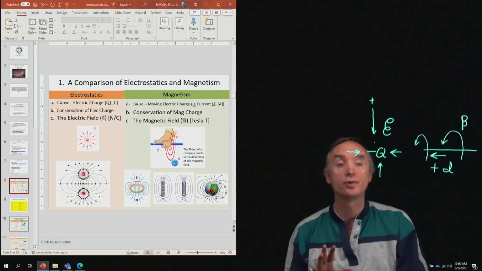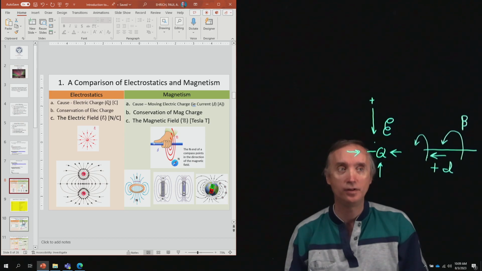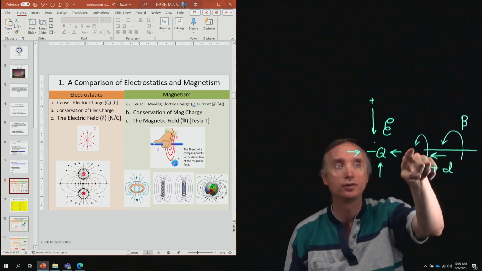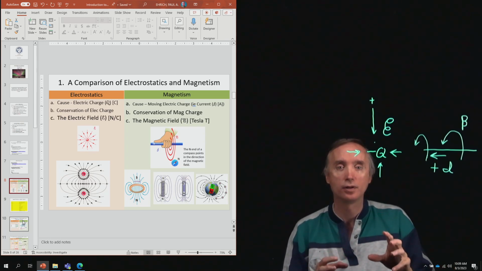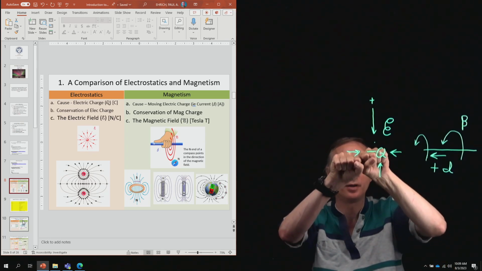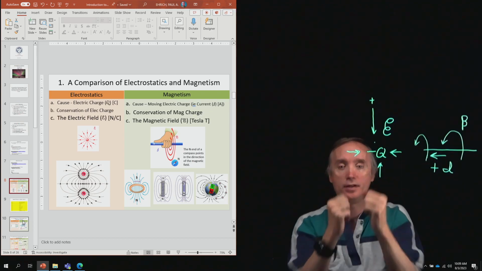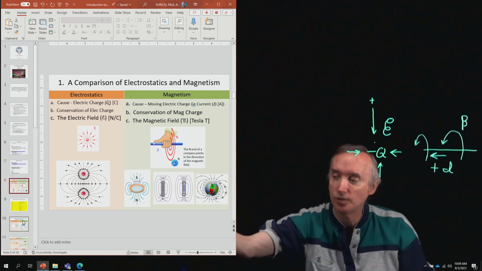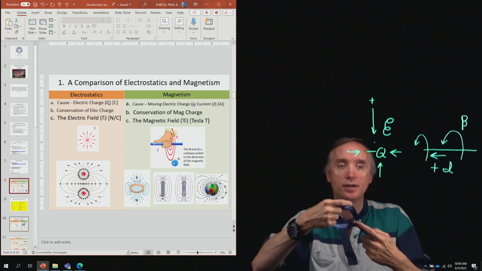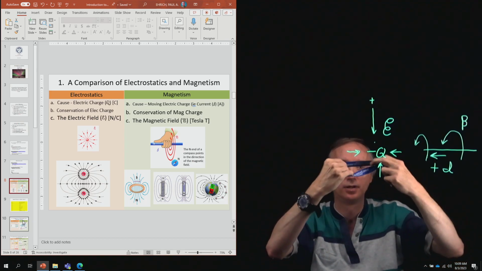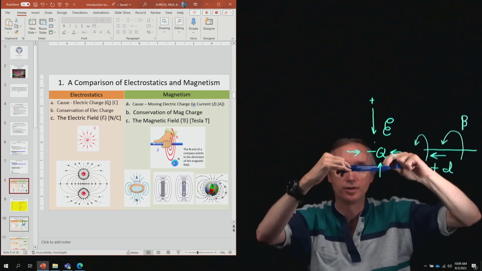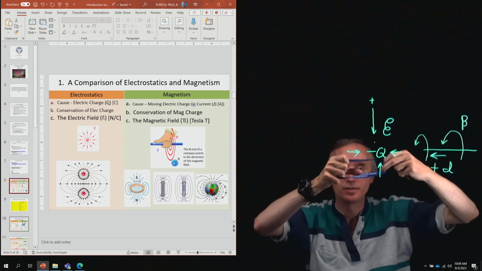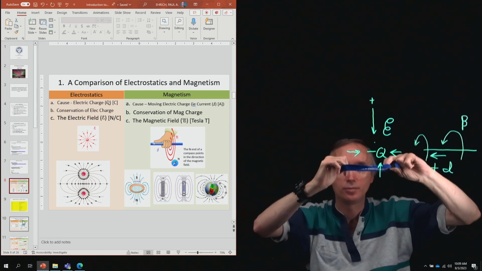All right, now that we know what the magnetic field of a straight wire is, what do you think it would look like if you took that straight wire and you bent it into a circle? So here, for example, is a circle of current. Okay, so I'm going to hold it like this, and it's very hard to see the opposite side of it, the way that I'm holding it.